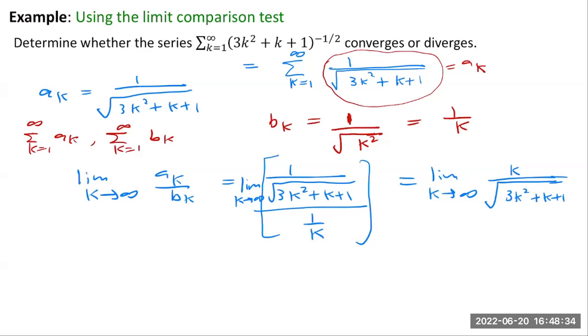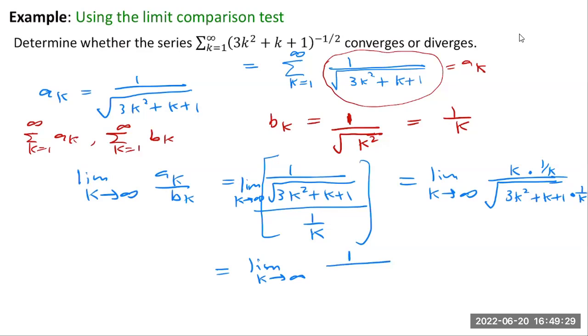Well, to find this limit, what I'm going to do is, I'm going to multiply both top and bottom by 1 over k. I multiply my top by 1 over k. I multiply my bottom also by 1 over k. Okay, if I multiply my top by 1 over k, I get 1.